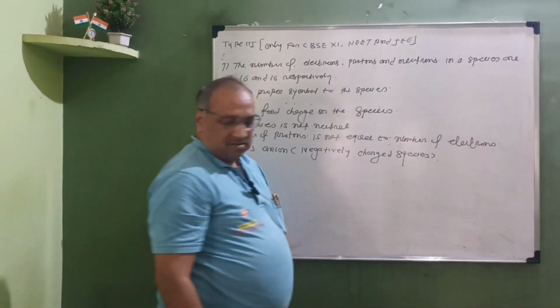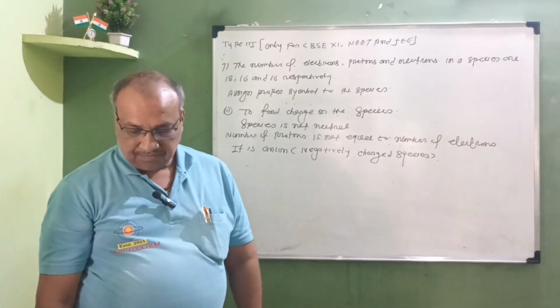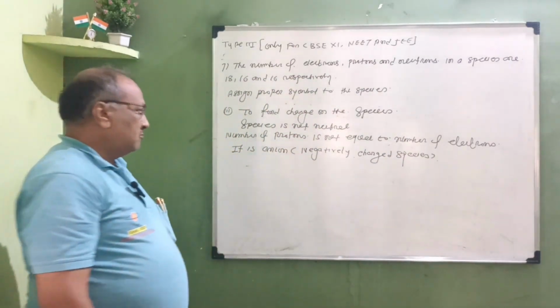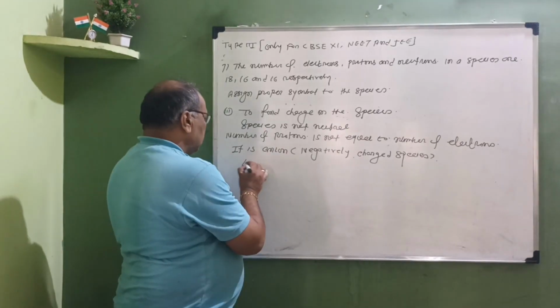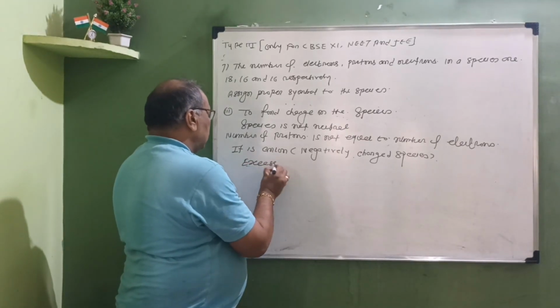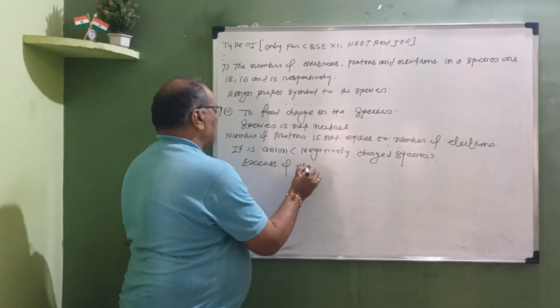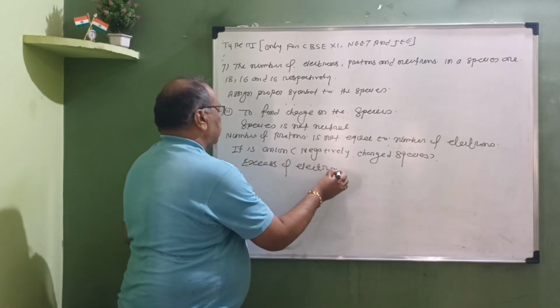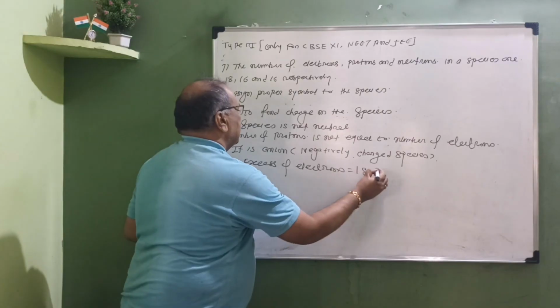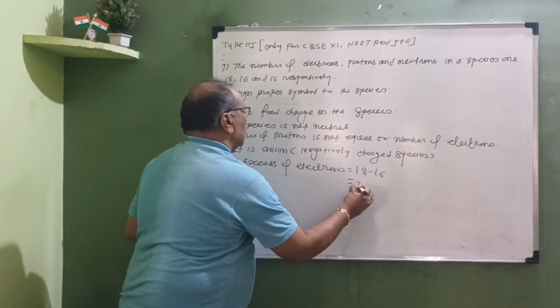That means here excess of electrons is equal to 18 minus 16, that is 2.